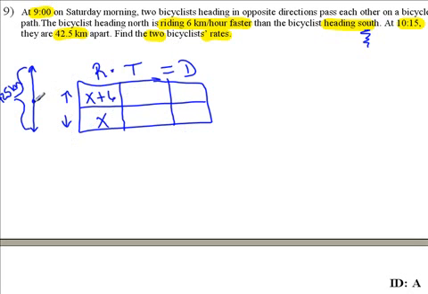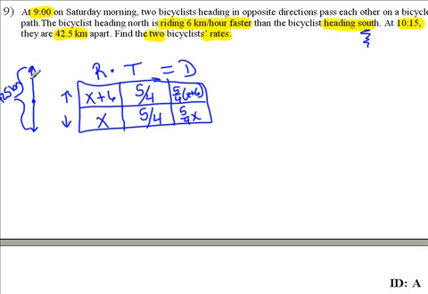They met at 9, and then they're 42.5 kilometers apart at 10:15, which was 1 hour and 15 minutes, or 1.25, or if I want to work with fractions, 5/4 of an hour. Rate times time equals distance, so 5/4 times x is the distance the southbound bicyclist goes, and 5/4 times (x plus 6) is the distance that the northbound cyclist goes.